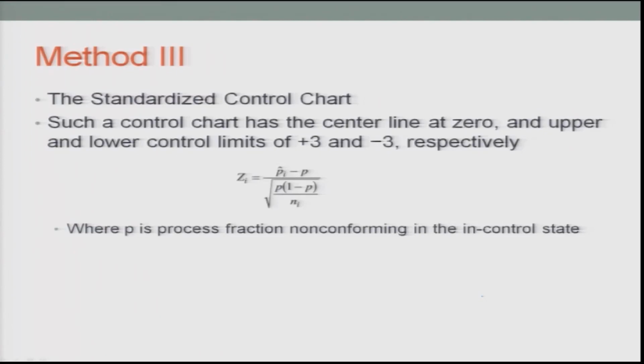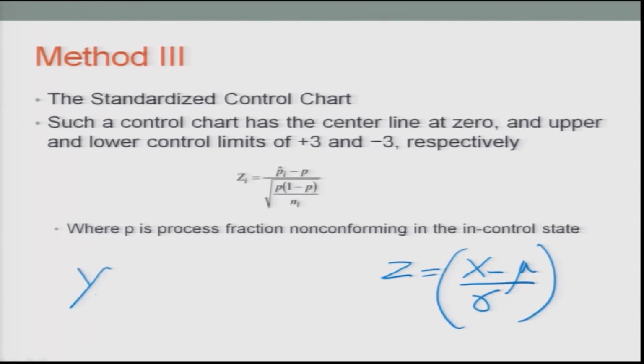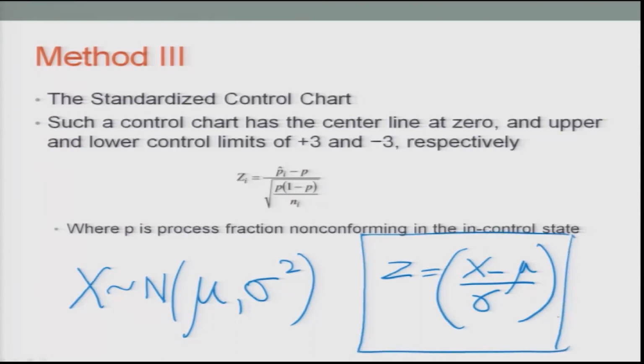Now, coming back to the standard normal distribution and the concept behind it, generally we know that X is normally distributed with a certain mean mu and variance sigma squared. When you want to convert into a standard normal, you use this transformation, which I have just put in a box.